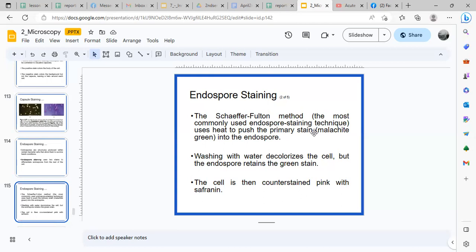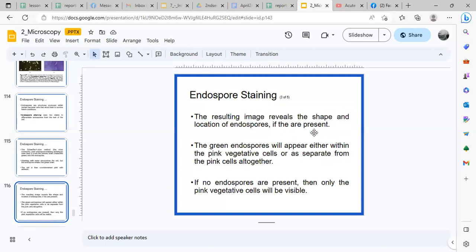And then the cell is counterstained pink with safranin.